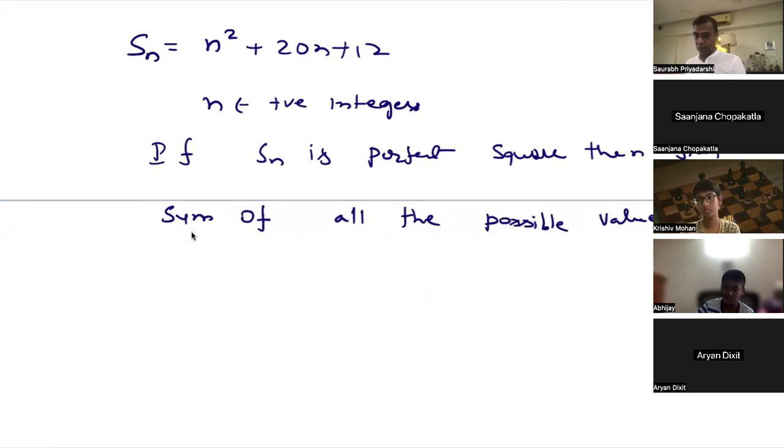Last question it was like, something went wrong in the perfect square form. That's the reason I'm giving this question.